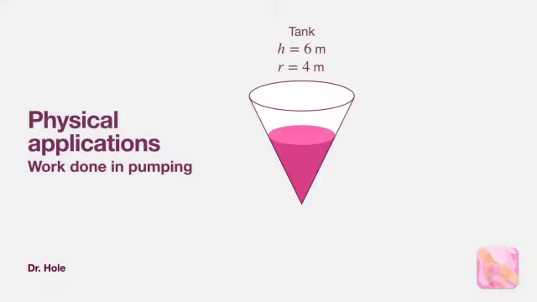What if the tank were of a different shape? Suppose, like here, we have a cone. Let's find some measurements for this cone. Suppose that the height of the cone is 6 meters, and the circle at the top of the cone has radius 4 meters.